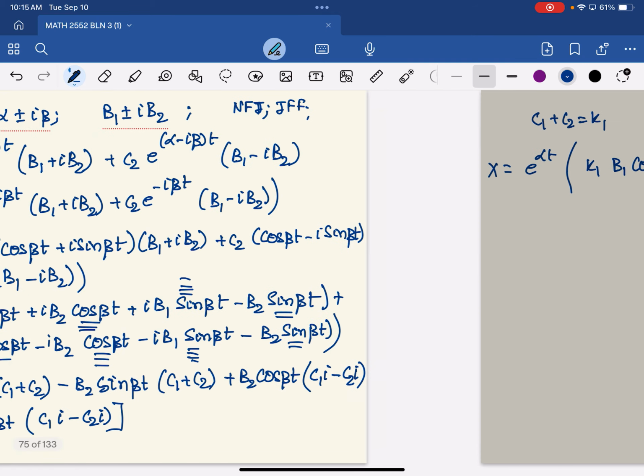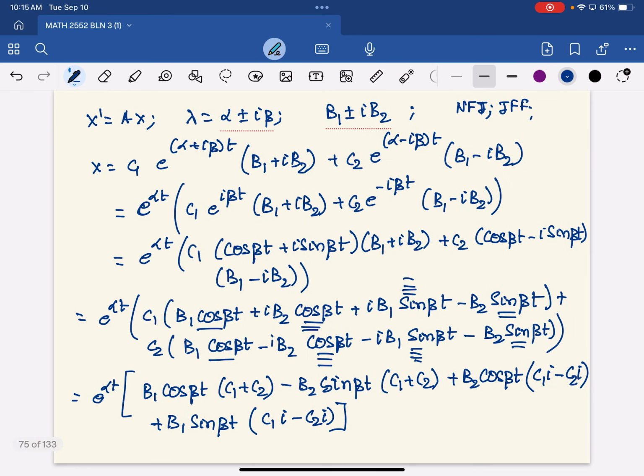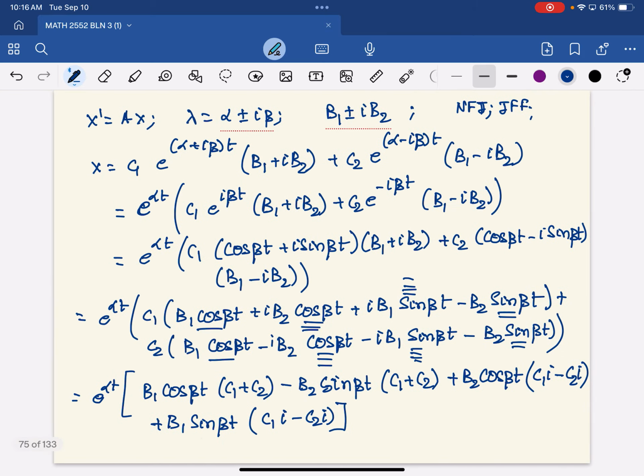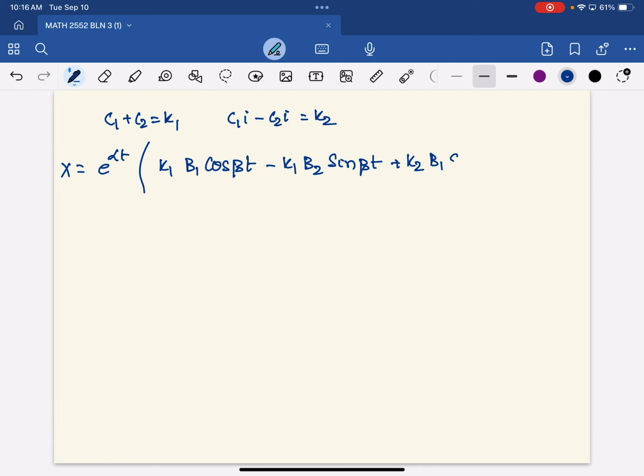Okay, then from here it's going to be K2 B1 sine beta t, plus K2 B2 cosine beta t. This is what I get. Remember, my solution is a vector. B1 is a vector, B2 is a vector. So my left side is a vector, my right side is a vector.